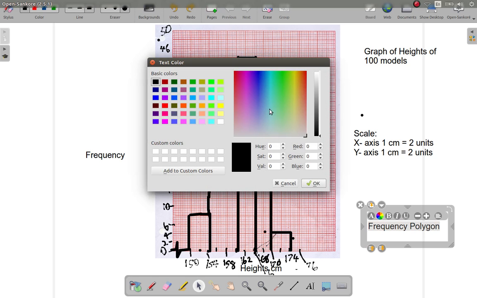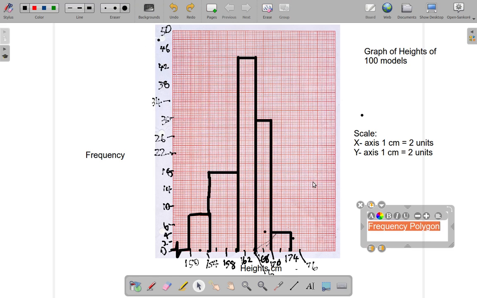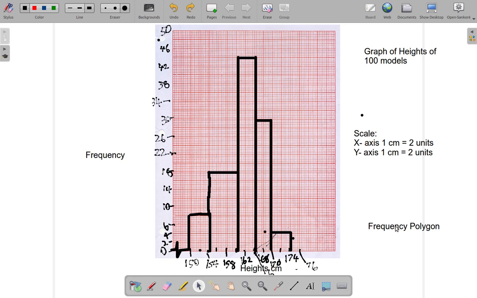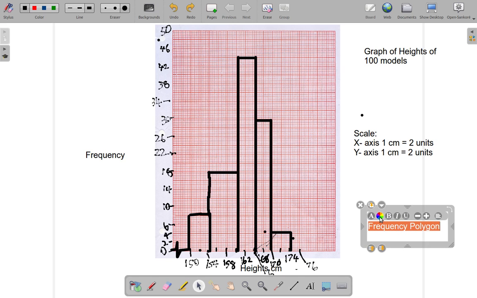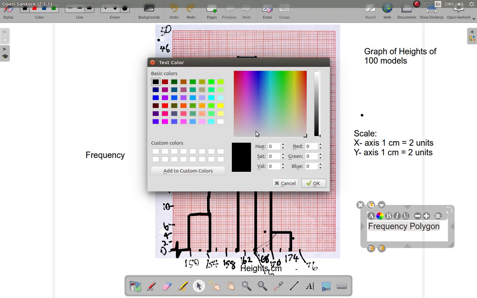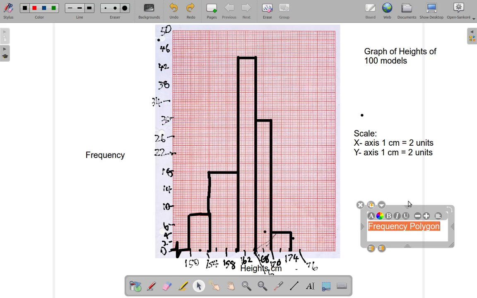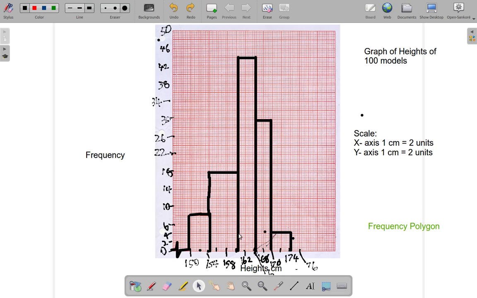I want this to be that color. All right. Good.